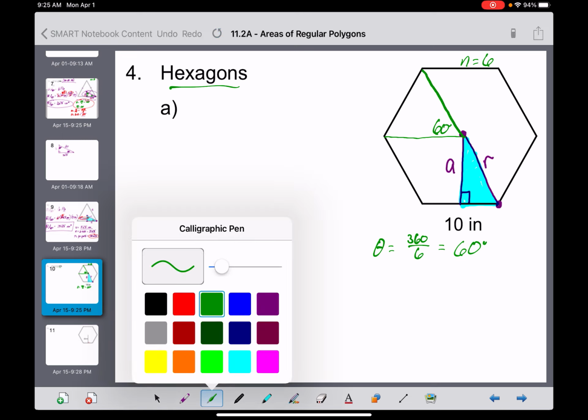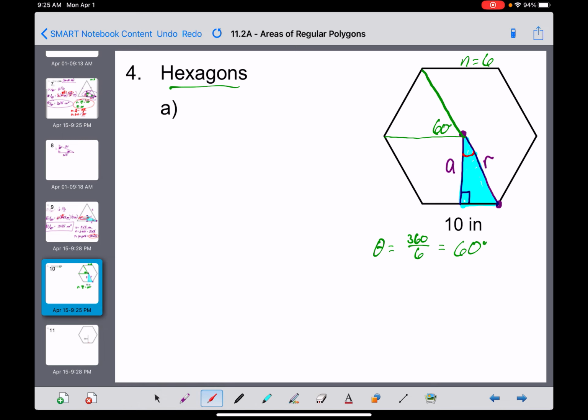Now in the blue triangle, what we're dealing with on top then, guys, right here is half of one of those central angles. So we're now going to take 60 divided by 2 and get 30 degrees for the measure of that angle. We already have a 90 from where the apothem hits the side, so this other angle there on the base must be a 60-degree angle.